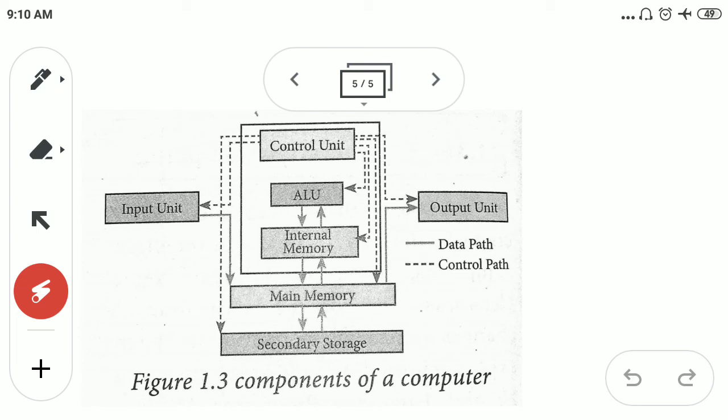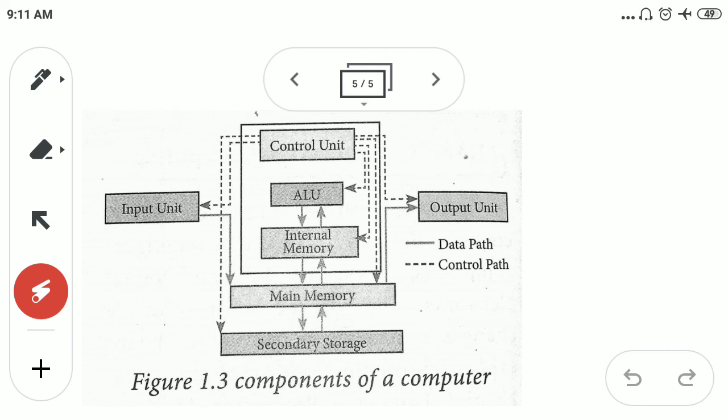Okay, so everything is connected by two paths. You can see that in our body, the hand is a part, and it is controlled by two things. The hand needs energy to do some work, and this energy is provided by blood supply. To pick up a pen or to write something, the brain gives a signal.